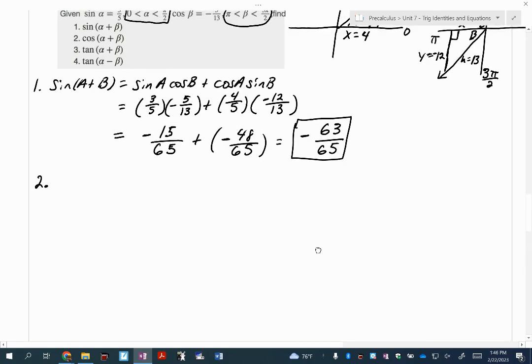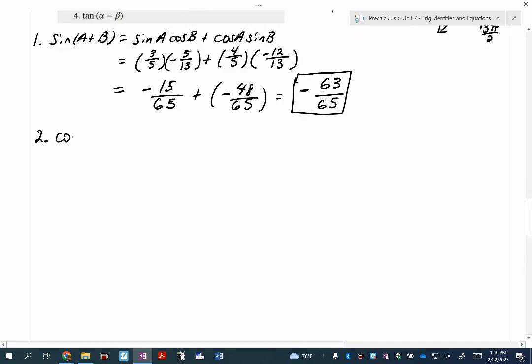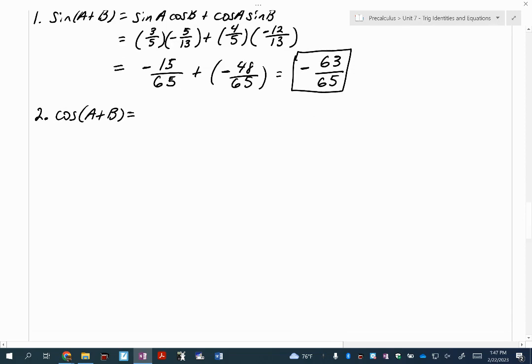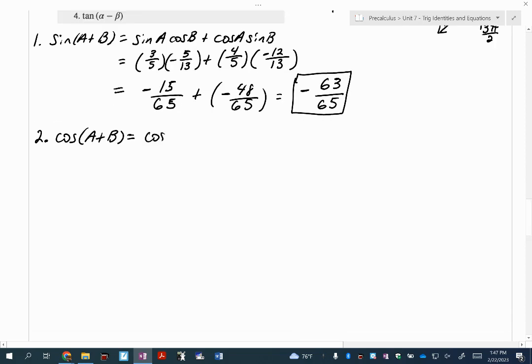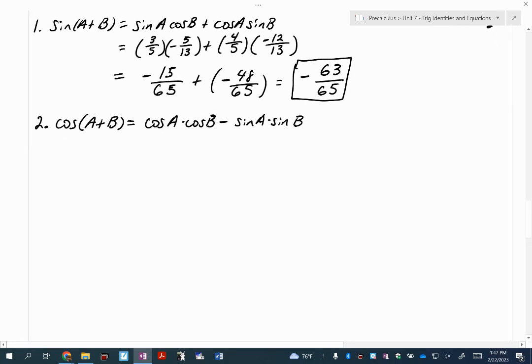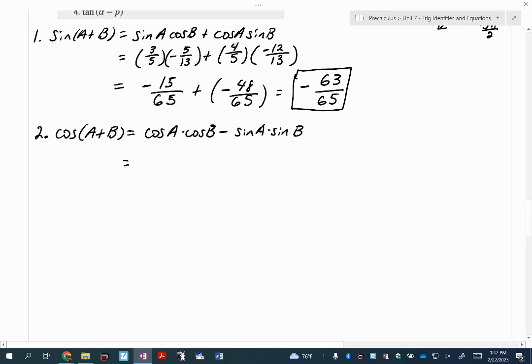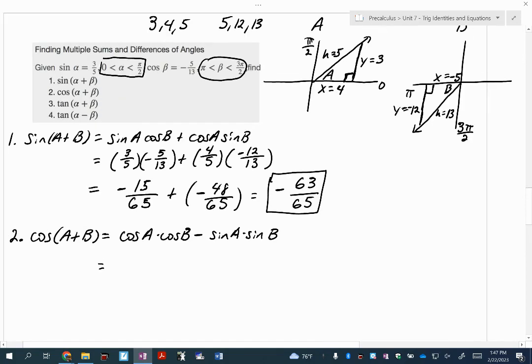Now, number 2 says the cosine of angles A plus B. So to do that, remember you do cosine of A times the cosine of B. Do the opposite sign, so minus the sine of A times the sine of B. We don't know cosine of A, but we found it when we did the first one.